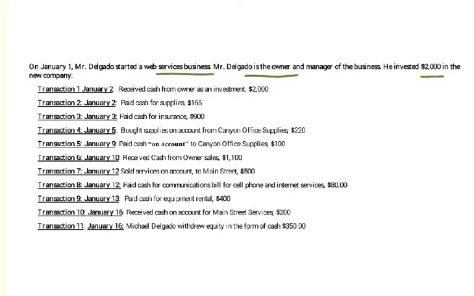So now what we do as accountants is we look over the transactions that happened during the month and we record them. So the first thing we have to do is ask ourselves what two questions. What account is affected?